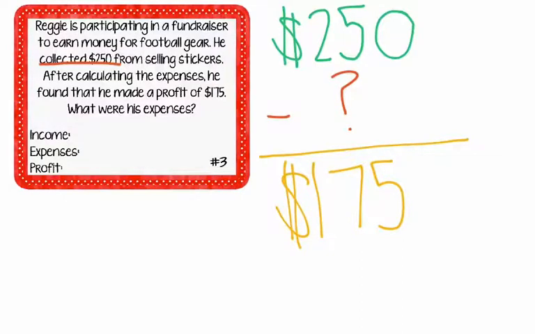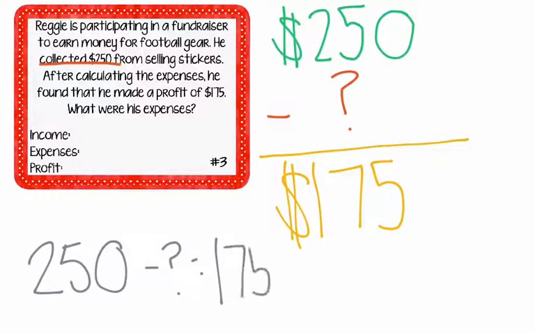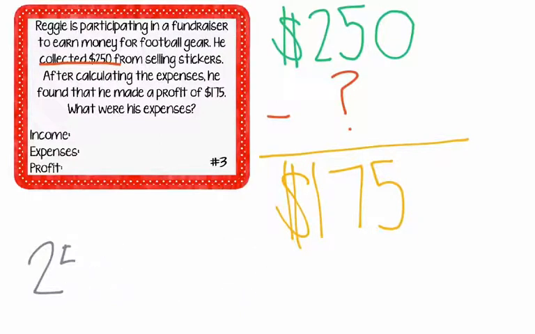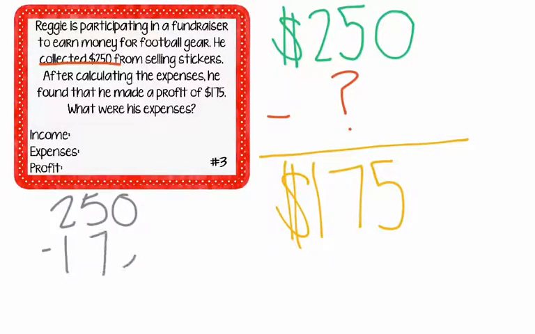This is just like those simple equations that we all used to solve. 250 minus what equals 175? Go ahead and solve it. I don't know how y'all solved it, but how I would solve it would be 250 minus 175.